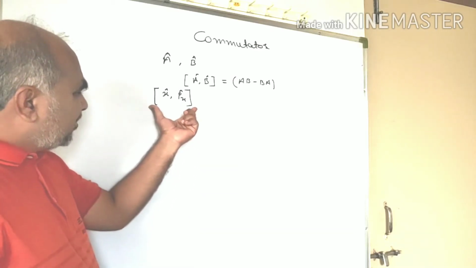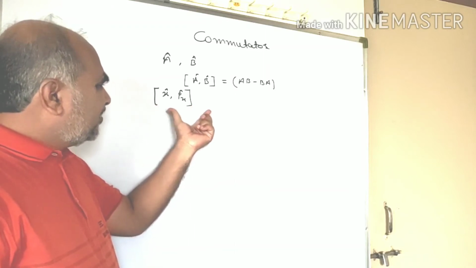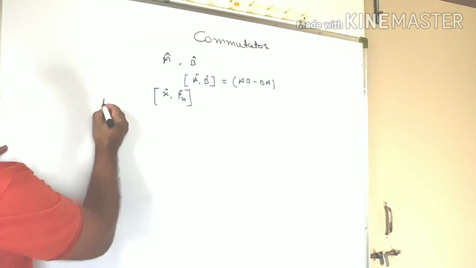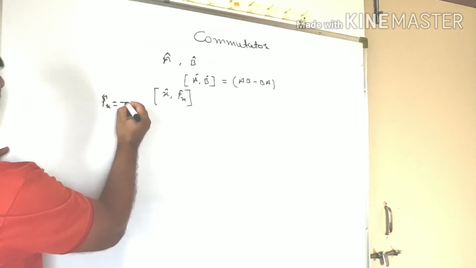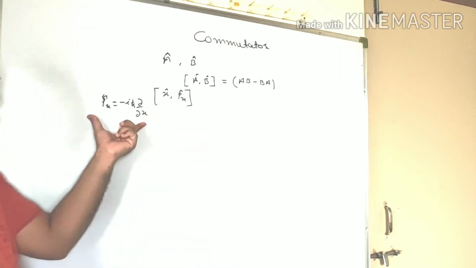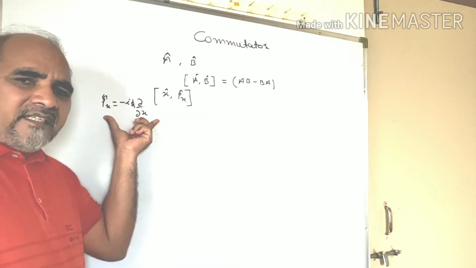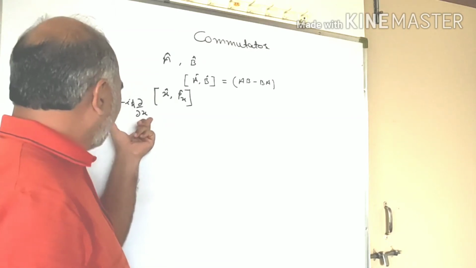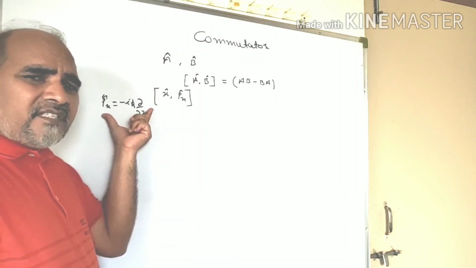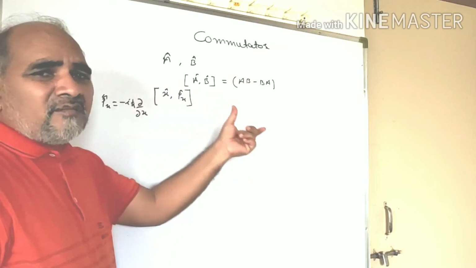When we talk about this commutator, we have to find out its value. We know px is equal to minus i h cross delta by delta x. By itself it represents nothing, unless it acts on something.